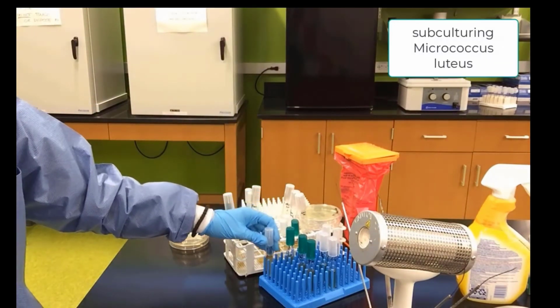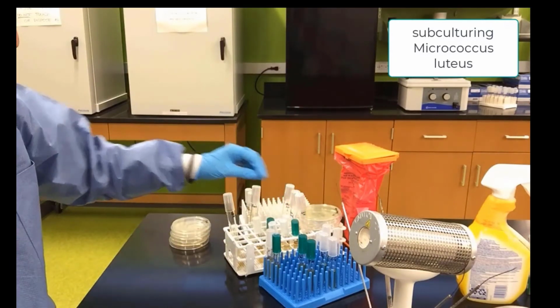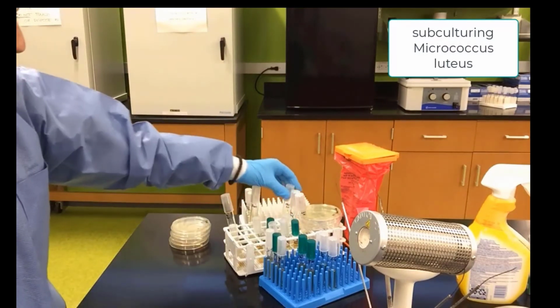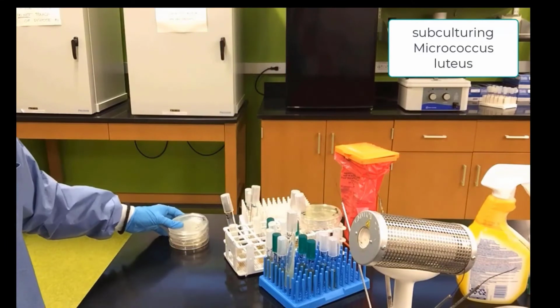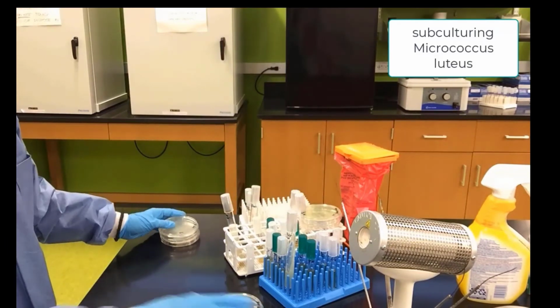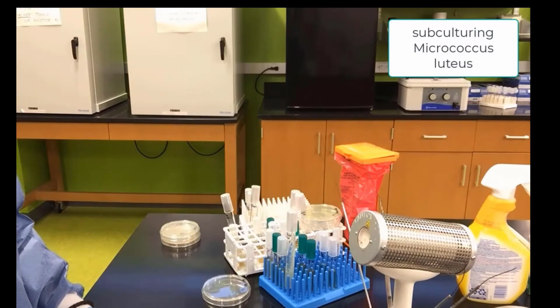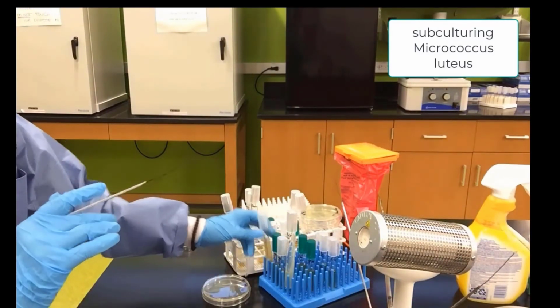We have Micrococcus luteus. We organize our materials that we will need to subculture. And now we are ready to start subculturing Micrococcus luteus. We will use a loop.